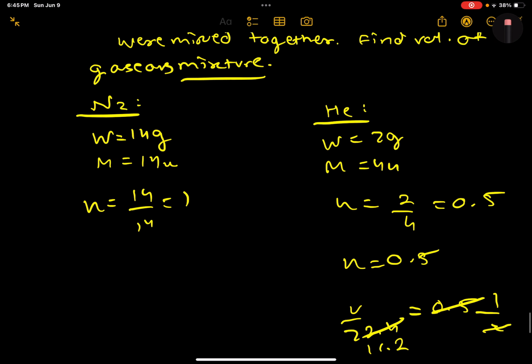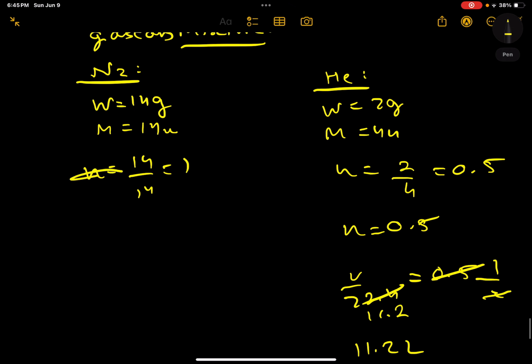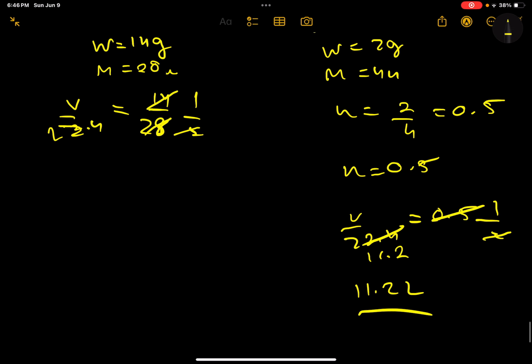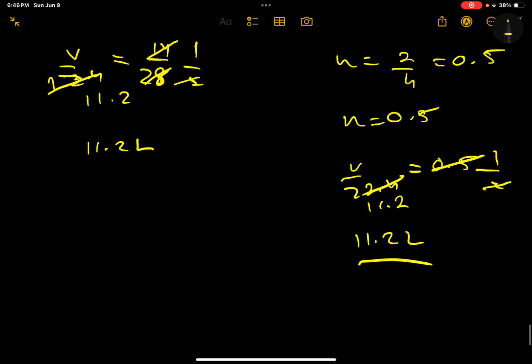I realized I did a very big mistake over here. We have 28 u for nitrogen actually, because we have two nitrogen atoms in each molecule. So V upon 22.4 is equal to 14 upon 28, which is equal to 1 upon 2, so that will be 11.2 liters.